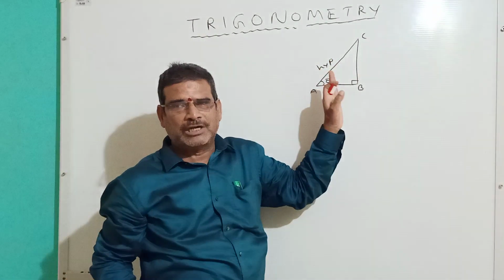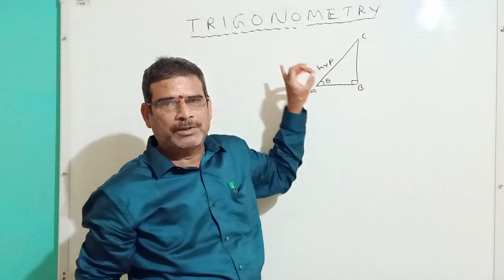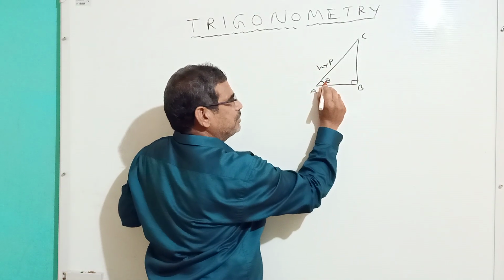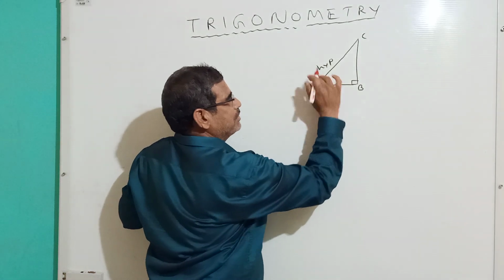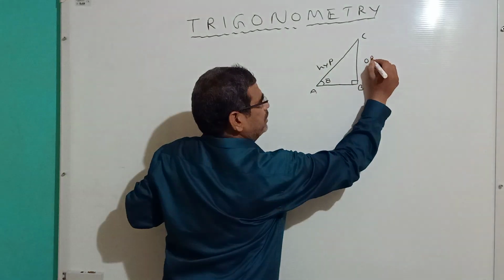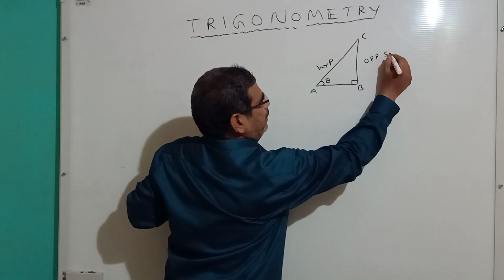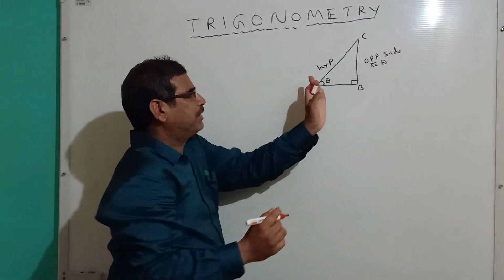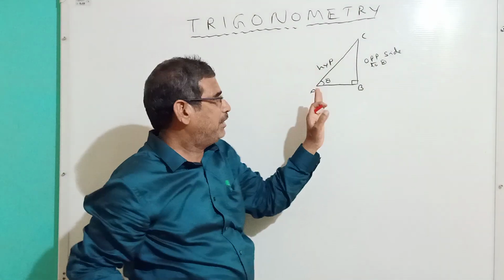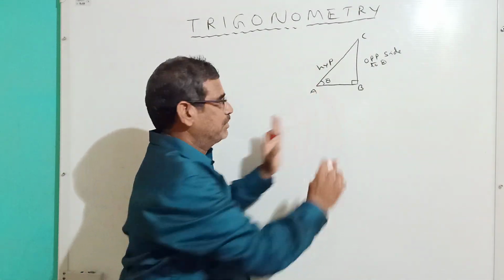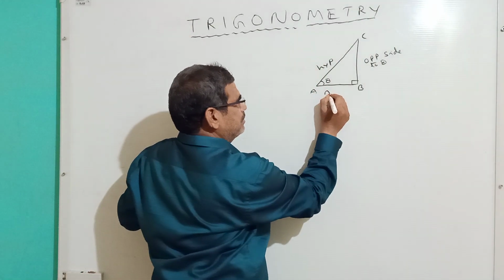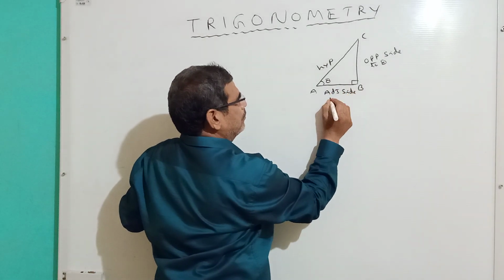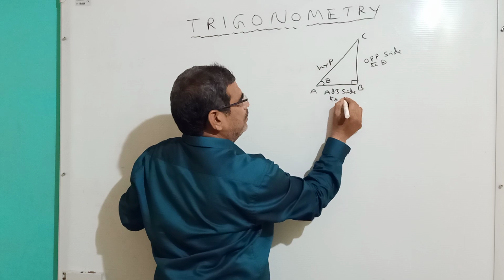And the side opposite to this angle theta is called the opposite side to theta. Here this is the adjacent side to theta.